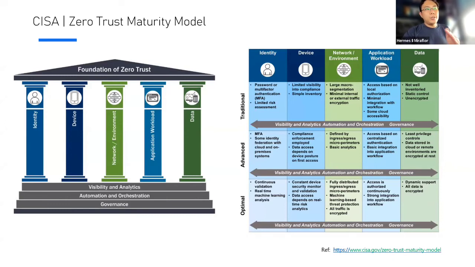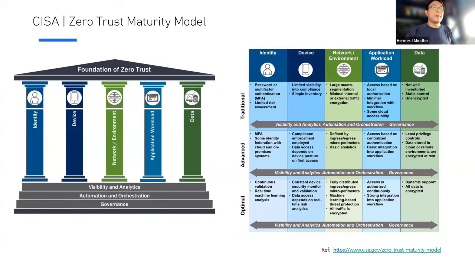If you would like to be considered advanced or optimal, then of course you should have, for example, ways of federating via cloud or on premises. And then you should also have the capability to do continuous validation. You should have the capability to make use of machine learning to provide real-time risk-based analysis for the particular identity, right? So using this model, it will help organizations to check where they are right now on their zero trust journey.